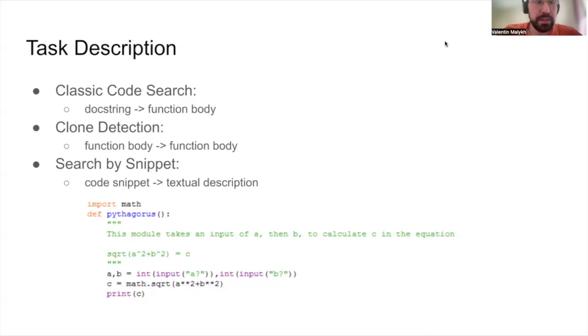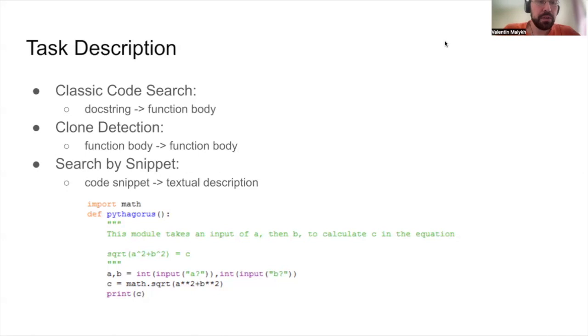And our task, which we call search by snippet, is a bit different. Actually, I will show that it's not only looking different, it's actually different inside, since the existing models perform relatively badly on this dataset. So what do we have?